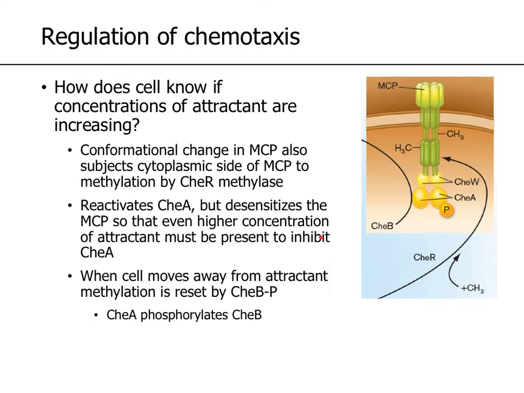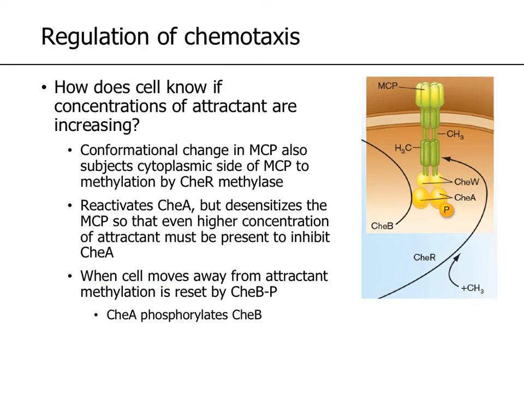All right, so again, like I said, KA is reactivated, but it's desensitized, so that has to be higher. So now it's still going to be moving, but in order to inhibit KA again to tumble, it's going to need a higher concentration.